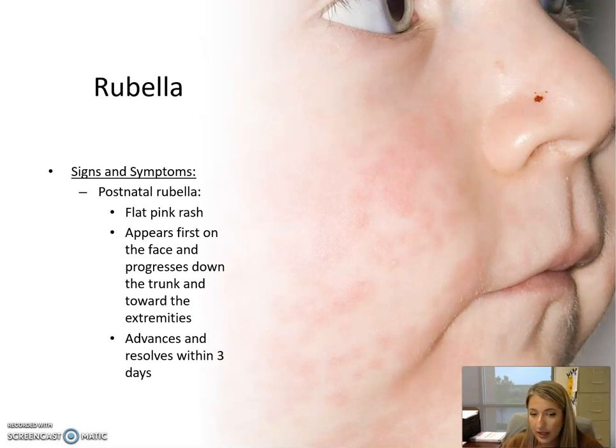But it's really just a flat pink rash. It's typically not accompanied by any type of fever or anything, so it is a really, really mild infection, and typically resolves itself within just a few days, often 3 days. So really that flat pink rash is the characteristic sign that we would associate with a rubella infection in a child or an adult, but very minor.